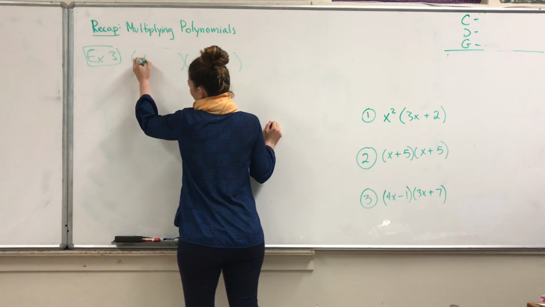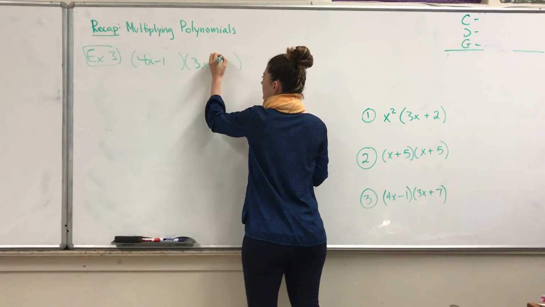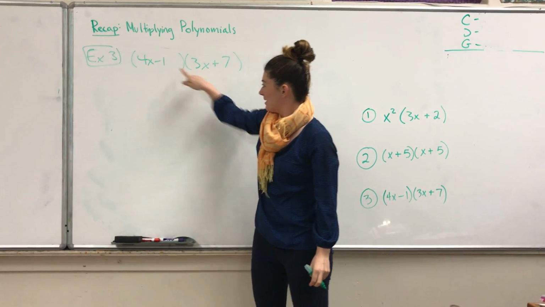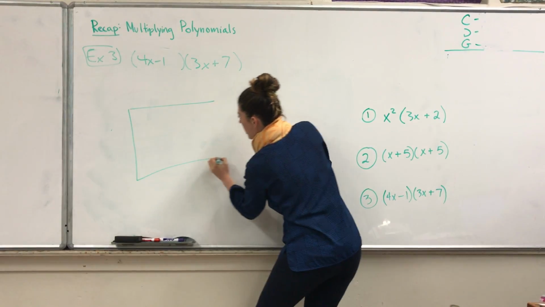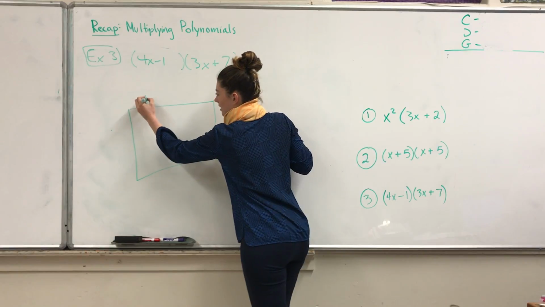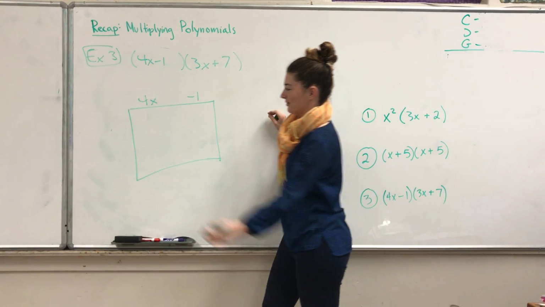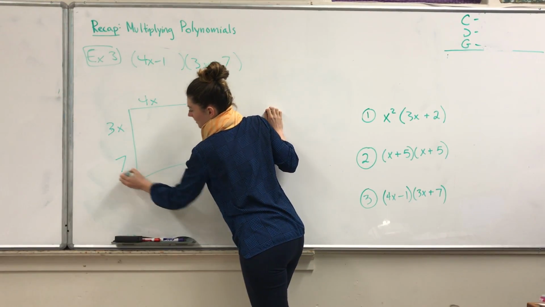Okay, here we got 4x minus 1 times 3x plus 7. Again, it's binomial times binomial, so I'm going to make a big fat rectangle. And the first one I have 4x minus 1. Second one, I write my 2 terms on this side, 3x plus 7.